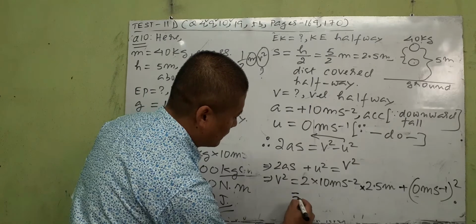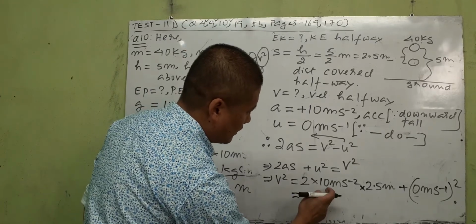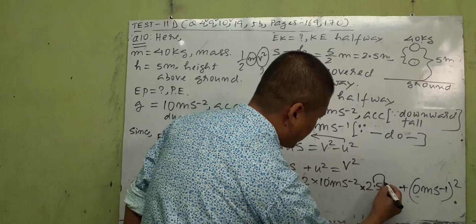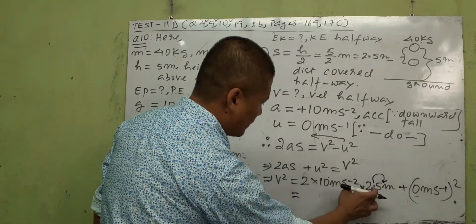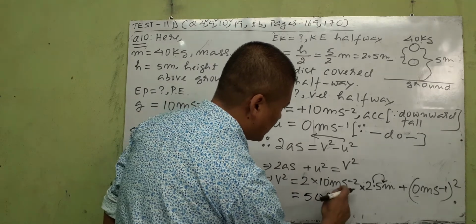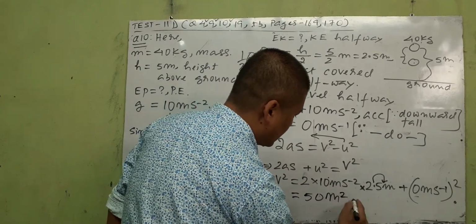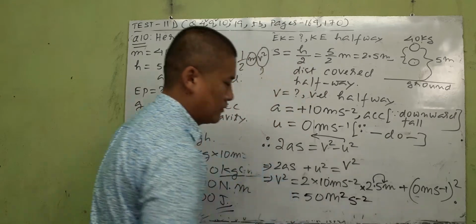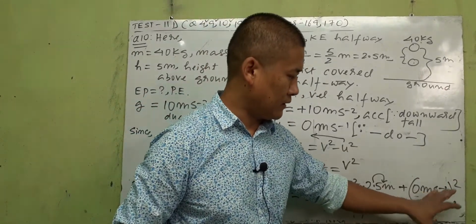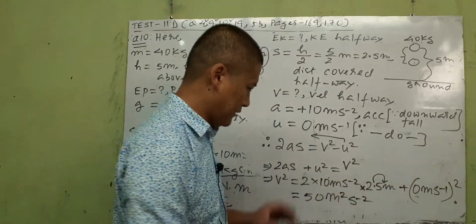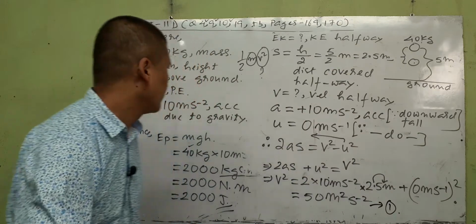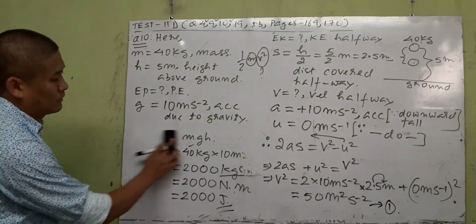So that will give you 2 tens are, okay, let us use this to this. And 1 0 means decimal move to the right side of 5, so 25. 25 2s are 50 meter into meter, meter square, and then here second to the power minus 2. This 0 will disappear because 0 will multiply these units, and even the units will disappear, so that is finished. If you want, put it as 1. Then let's continue.